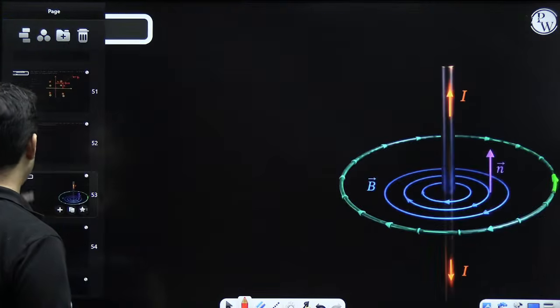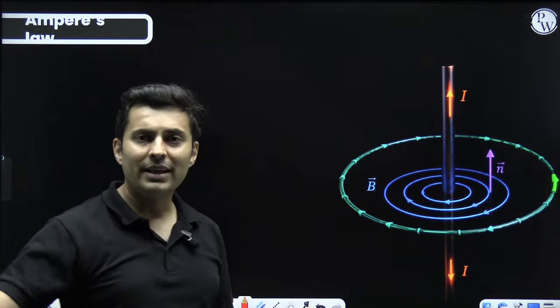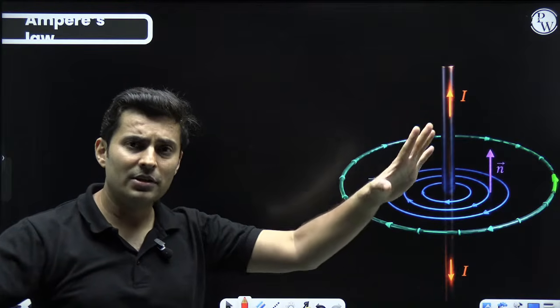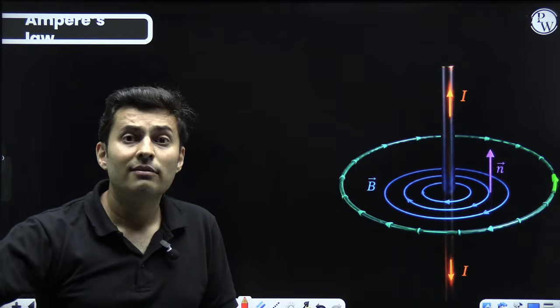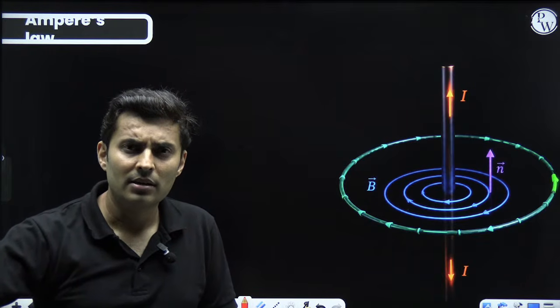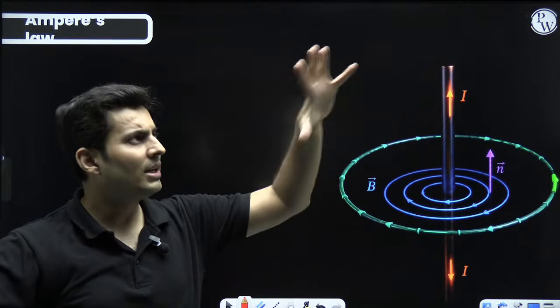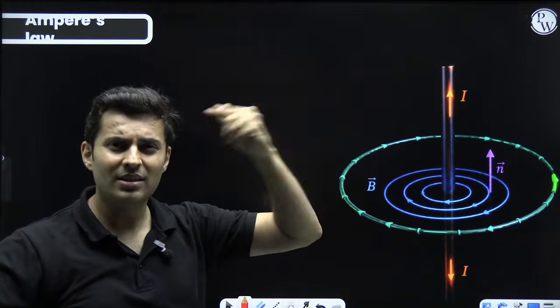Okay, now let's go to Ampere's law. What Ampere said is very similar to what Gauss said, but in the context of magnetism. Gauss simplified finding the electric field, which otherwise would take a long time if you use Coulomb's law. Multiple charges are there, each charge will give an electric field, and finding that is a complicated process.